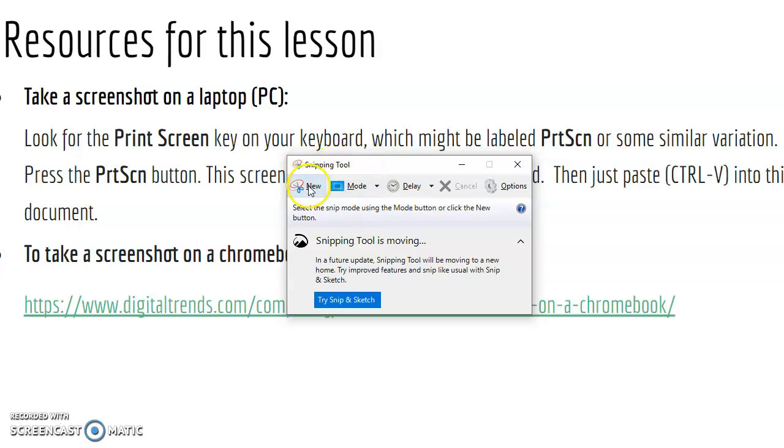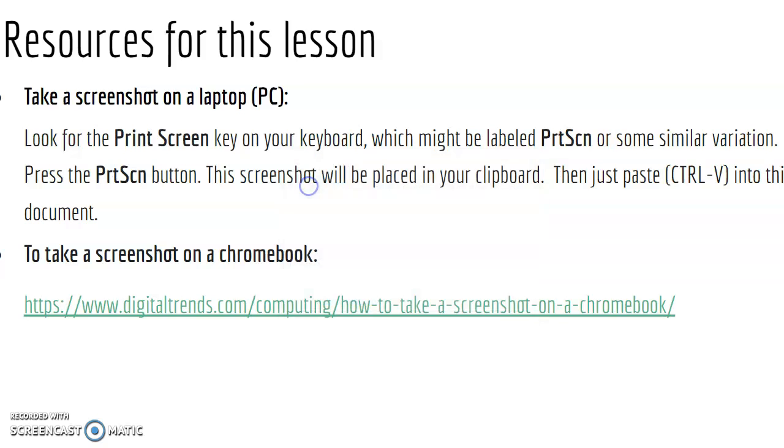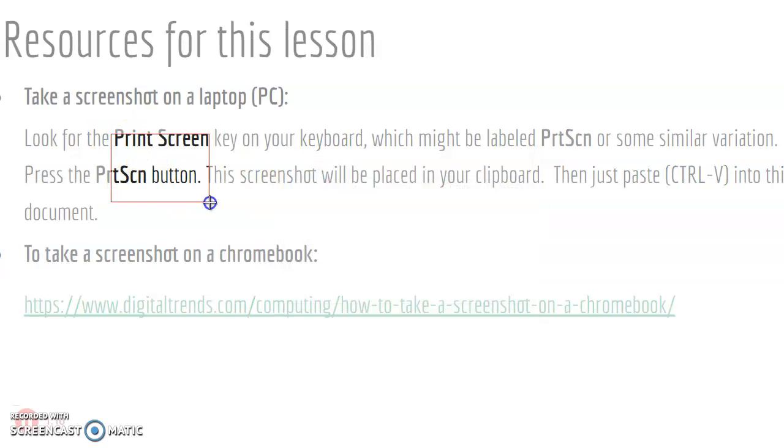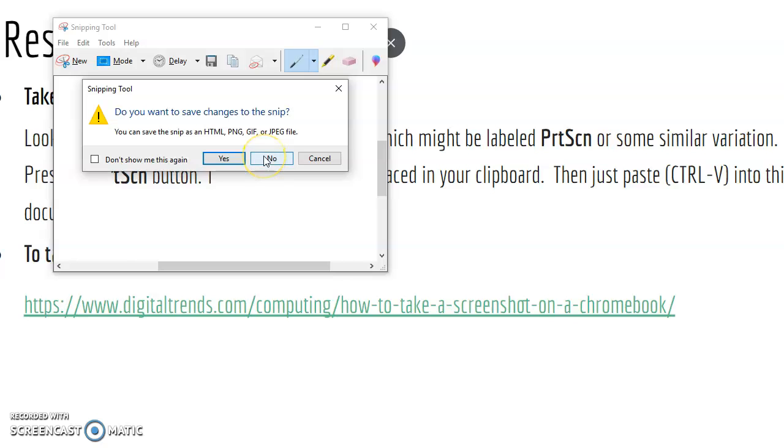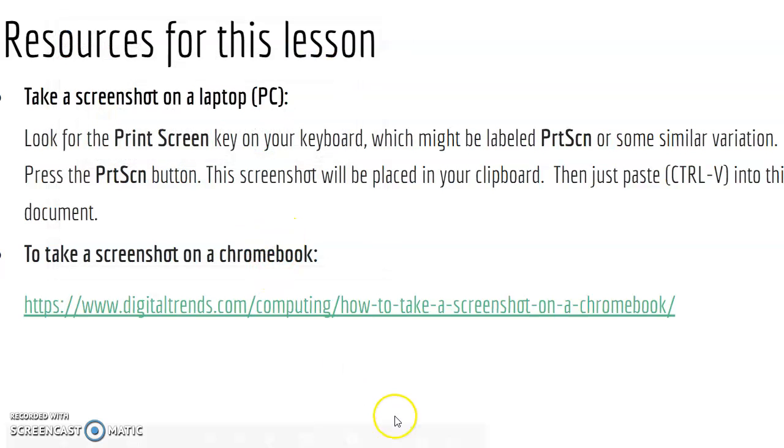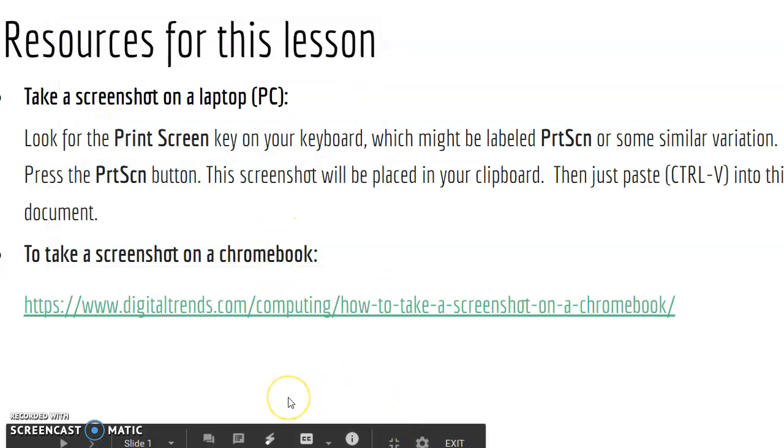It's a really great tool because you can literally just click the new button, highlight a section you want, and it makes a little picture of it. And then you can just copy that picture. So that's something to really look for as a useful tool to use for copying and pasting.